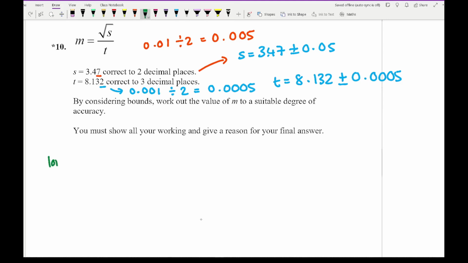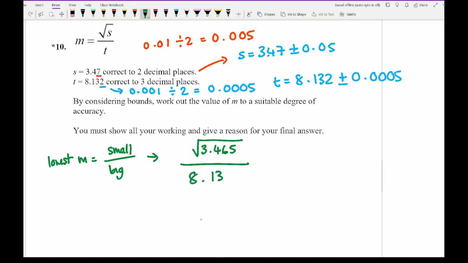Now, in terms of this, we want to work out the lowest m. So the lowest m is again where I'm going to have the smallest at the top and the biggest at the bottom. So for here, I want the smallest s value, which is going to be 3.465 square rooted all over the biggest t value, which is going to be 8.1325.